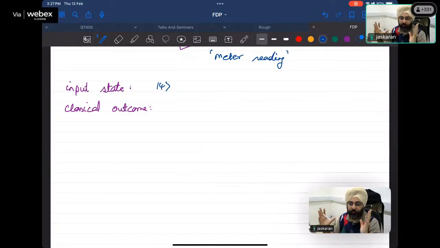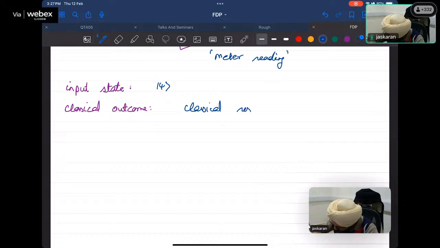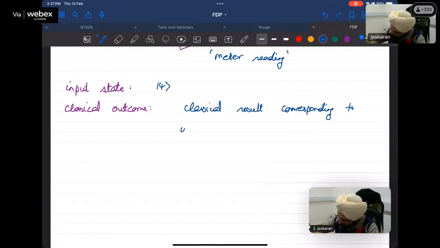For example, remember we were choosing a basis and then we were projecting along ket E1, ket E2 or ket E3 and so on. So the classical outcome will tell me along which basis element I have now projected. For example, it will tell me a classical result corresponding to which ket Ei the projection was implemented.